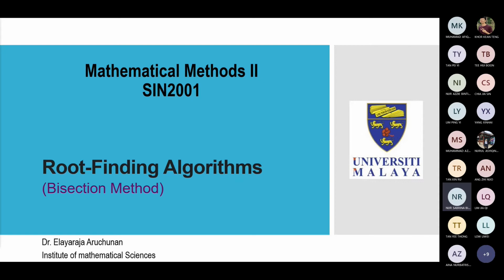Basically you should understand the difference. You may ask, why don't you just use the low order, because you still get answers? Okay, correct, but the accuracy is lower. At the same time, remember that if you use higher order numerical approaches to determine the roots, you have to consider the computational complexity.